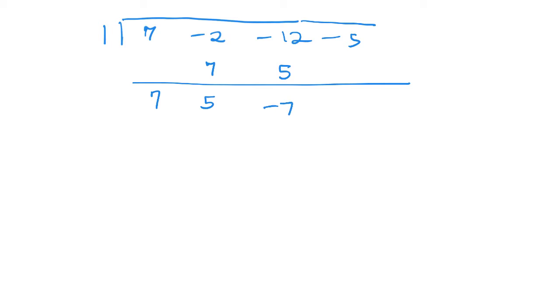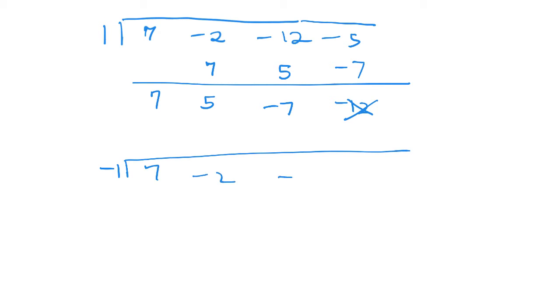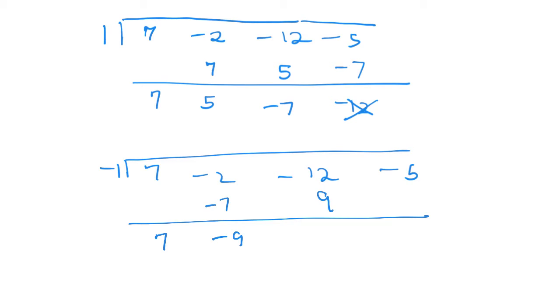When I add, I get negative 7. And unfortunately, that's not going to give me a remainder of 0. So let's try negative 1. Bringing down that 7, I have negative 7, which will give me negative 9, which gives me 9. And again, I don't think that's going to work.